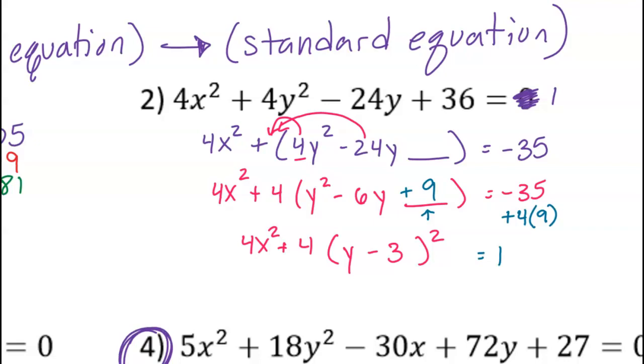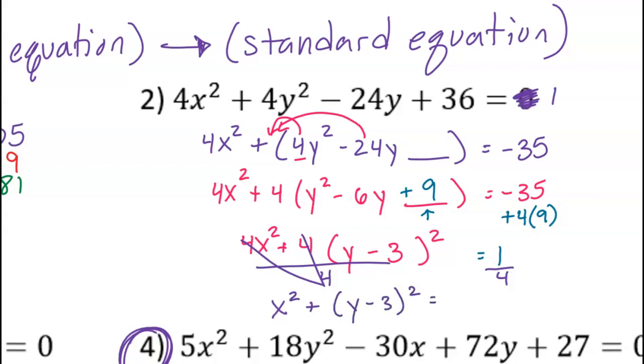Notice they're both 4. So to get these numbers off of our x and y values, all we have to do is divide both sides by 4. These 4's cancel, these 4's cancel, leaving us with x squared plus y minus 3 squared equals 1/4. So our center is located at (0, 3), and our radius is the square root of 1/4, which is 1/2.